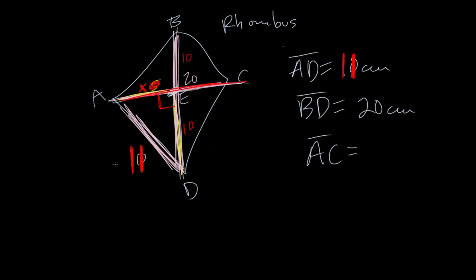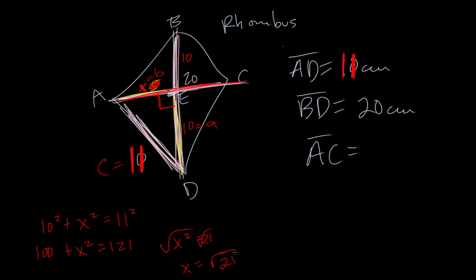This is going to be our C, this can be our A, and this can be our B. So we're going to say 10 squared plus x squared equals 11 squared. Subtract 100 over here, so x squared equals 21. Square root both sides. x equals the square root of 21.